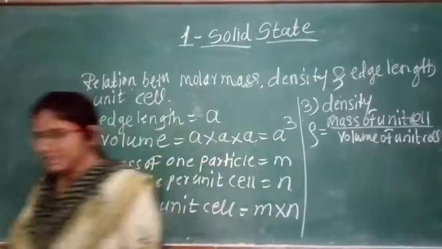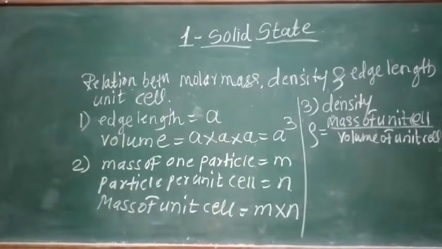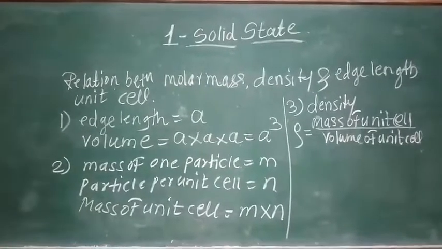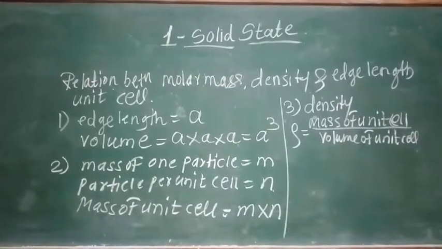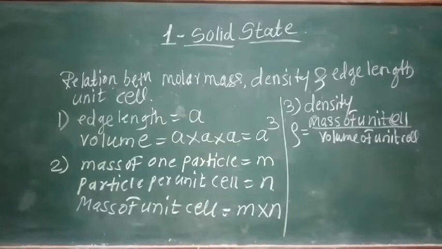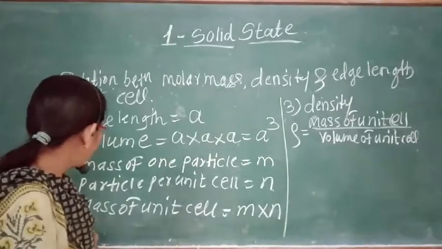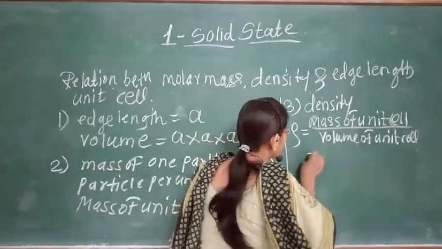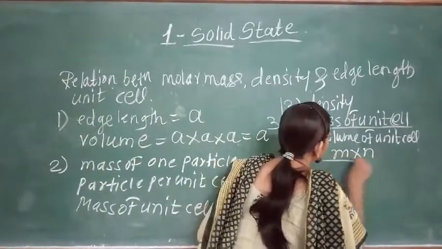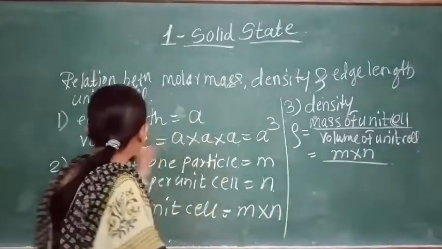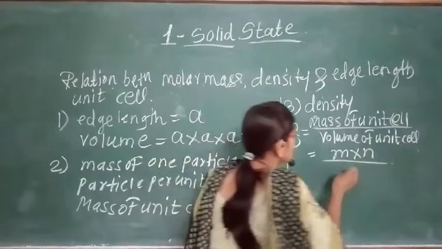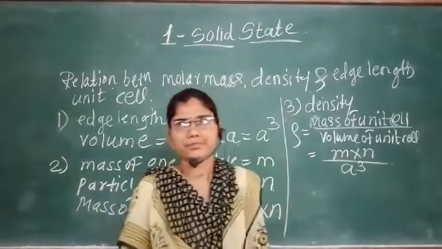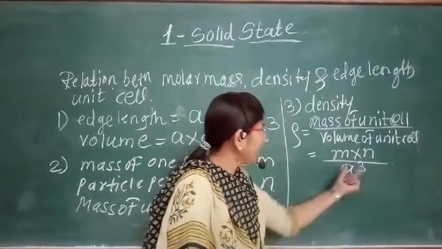So the mass of unit cell, from the second point, is m into n, divided by the volume of unit cell, which is equal to a cube.